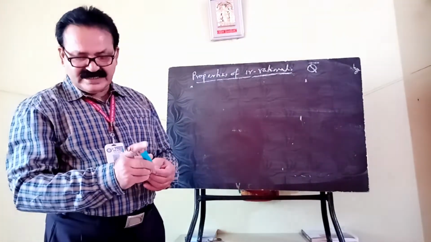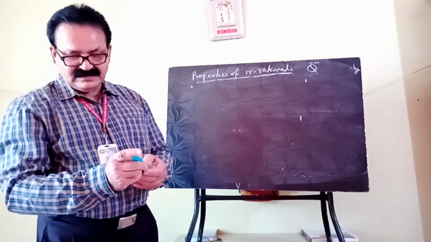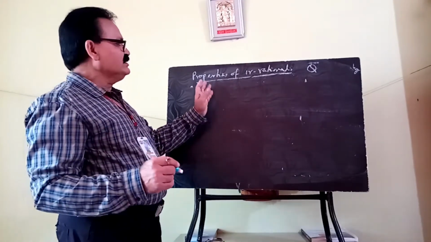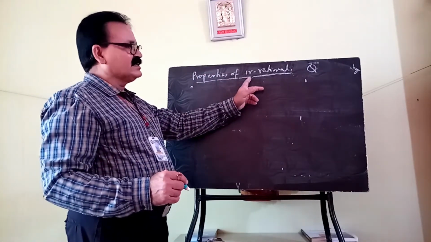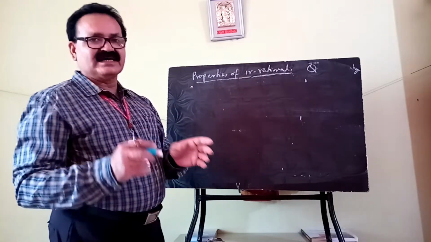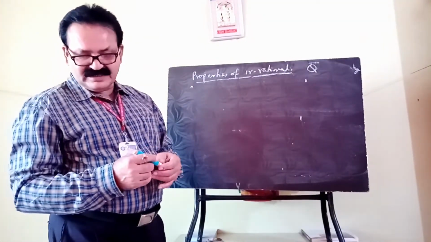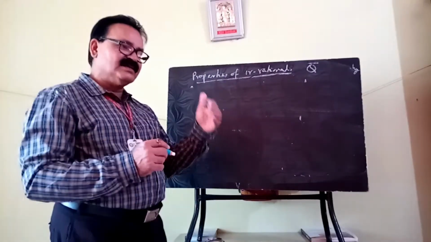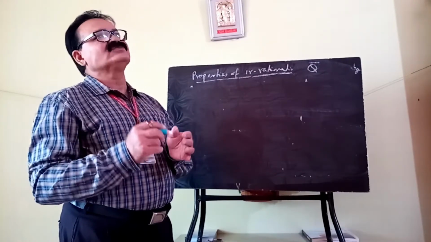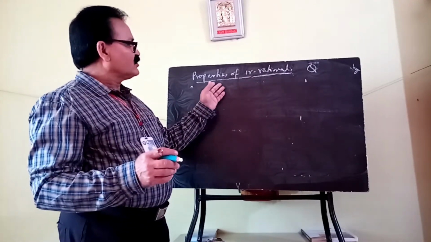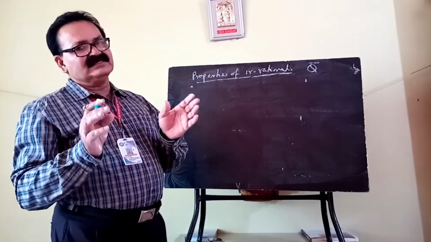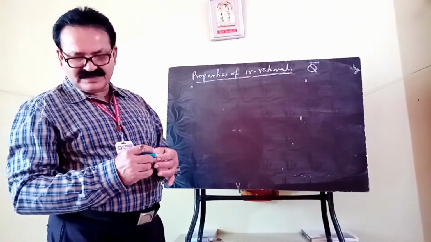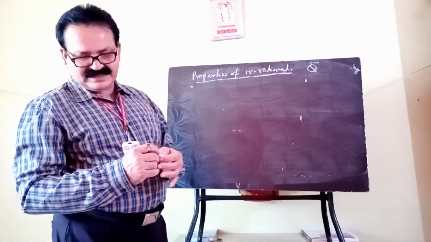For irrational numbers there is a similarity: irrational numbers are also commutative under addition and multiplication, similar to that of rational numbers, which, as you know, are commutative under addition and multiplication.